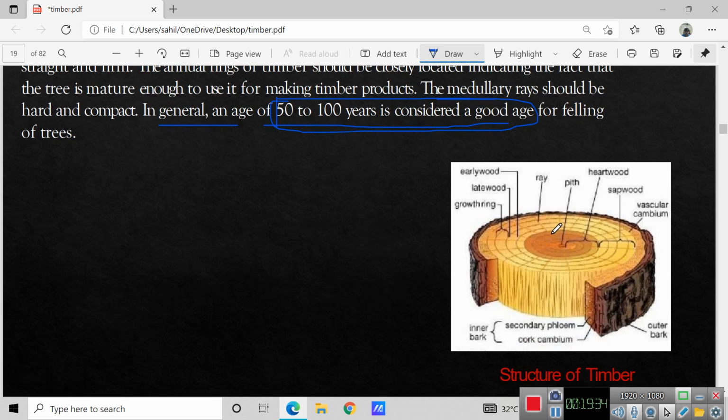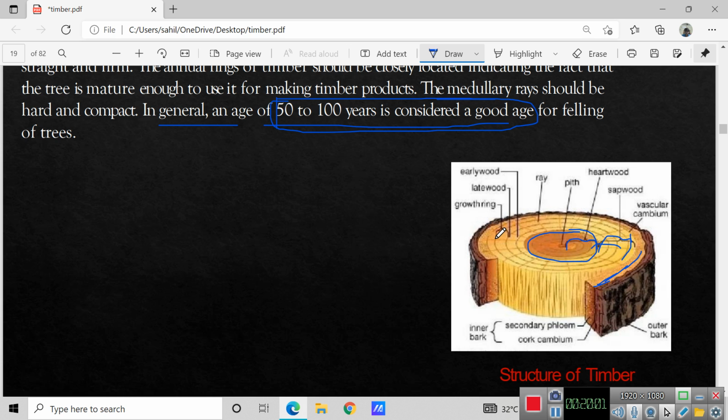Now, in this picture, you can see a colorful picture of the previously mentioned parts. Here is the pith, and this is the heartwood, which contains some annual rings. You can see the heartwood is deeper in color as compared to this sapwood. Now, this is the sapwood. This is the cambium layer.